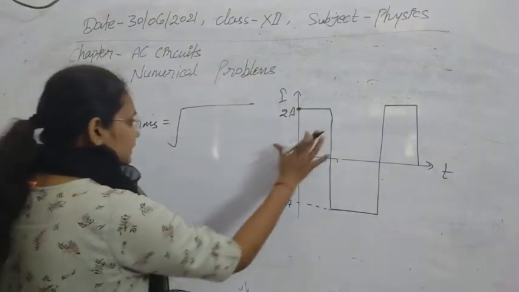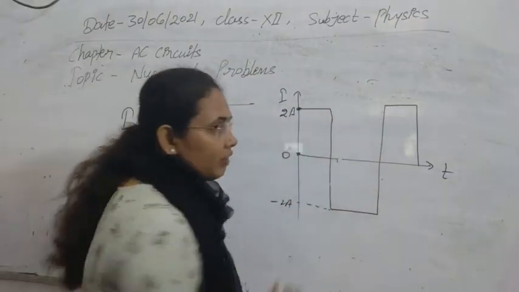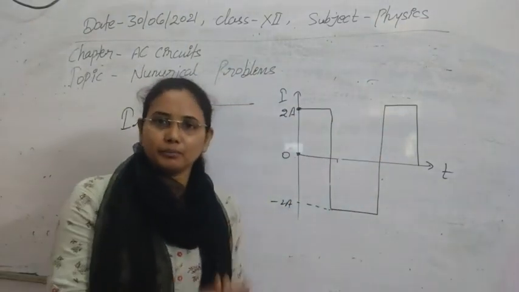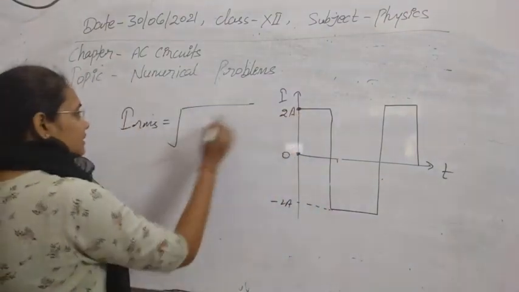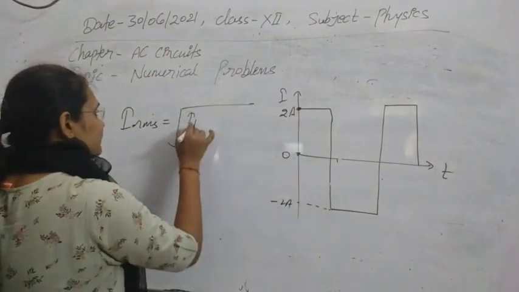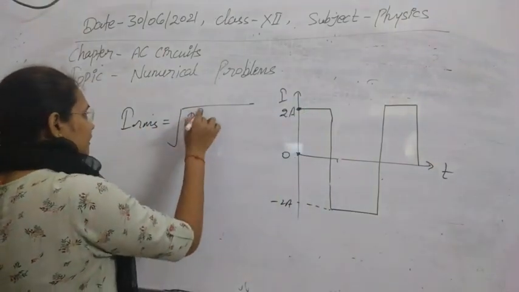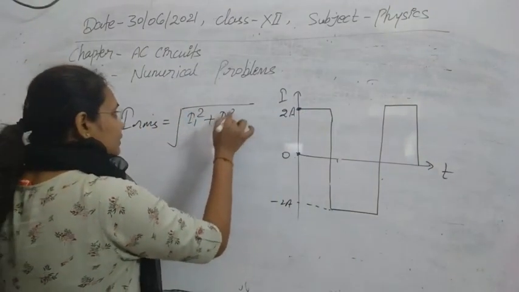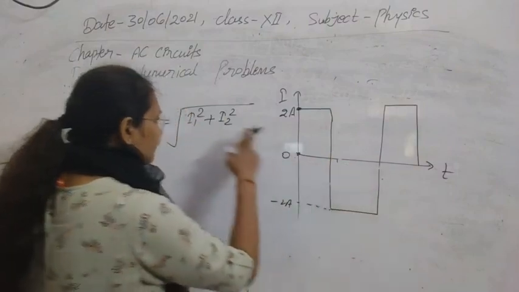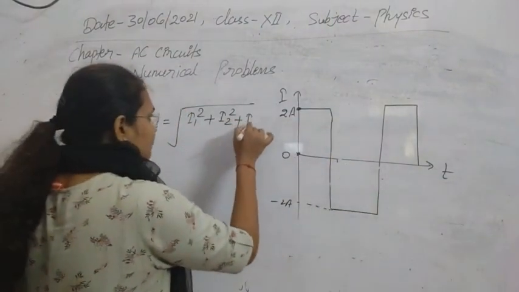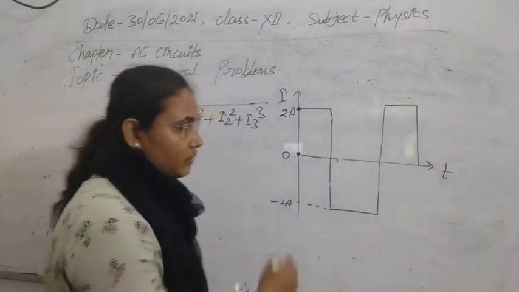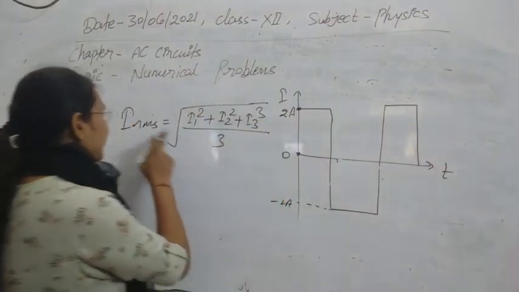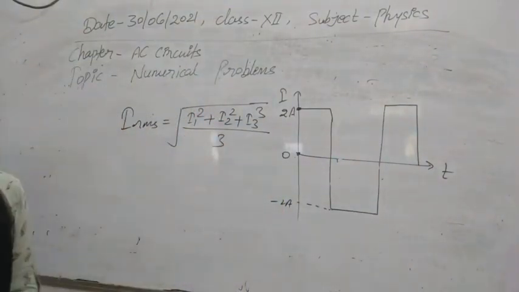If we take the average of the square of the current, that will provide the value of RMS current. So for the first one, let's suppose its maximum value is I1, so I1 squared. For the second one, if the maximum value is I2, then I2 squared. For the third one, if it is I3, then I3 squared, and we can take its average, and that will provide us the value of IRMS.